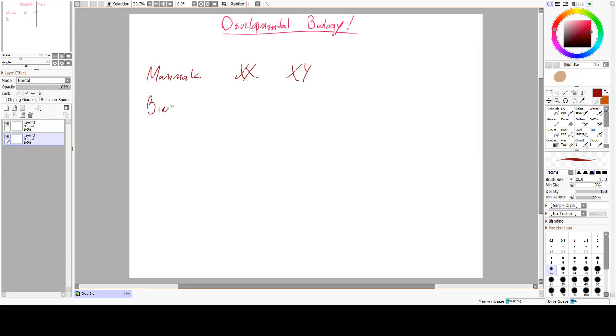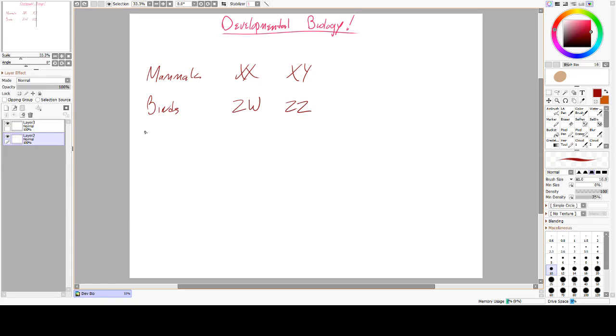In birds, for AFABs, they actually have ZW, and for AMABs, they have ZZ. AFAB means assigned female at birth, and AMAB means assigned male at birth. But I'm saying AFAB and AMAB for this.